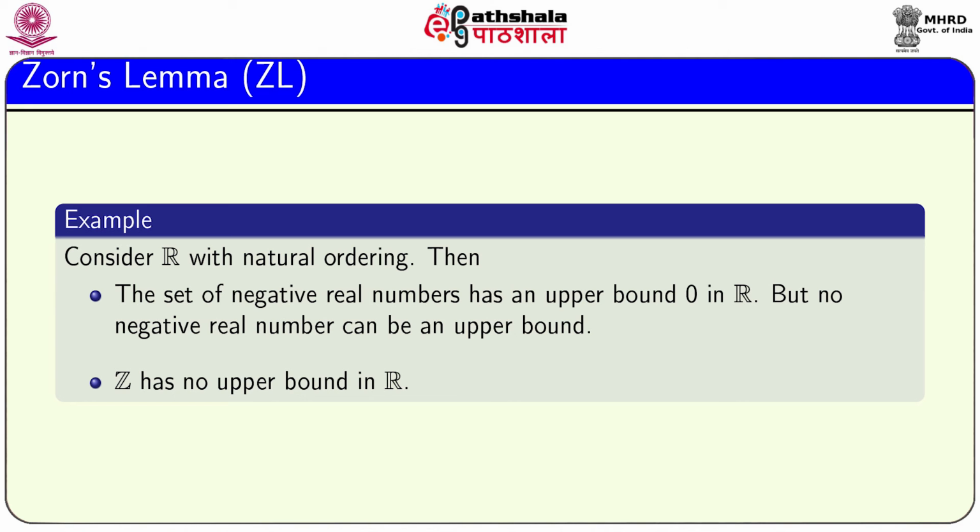Also, no negative real number can be an upper bound. If we take the set of all integers Z, then Z has no upper bound in R.